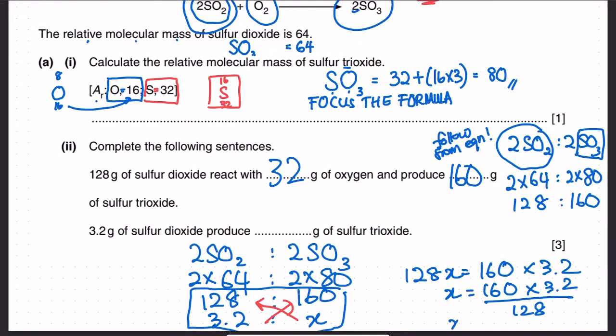Then you get the value of 4 gram. So therefore 3.2 gram of sulfur dioxide will produce X, which is this 4 gram. So I'll put the 4 gram here.